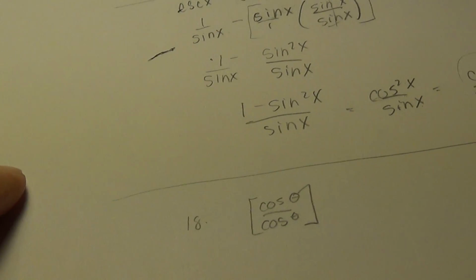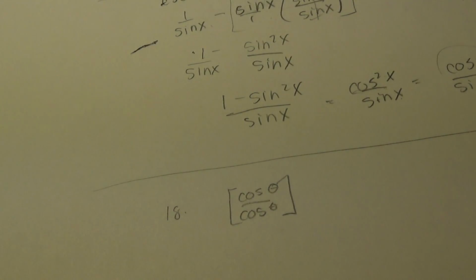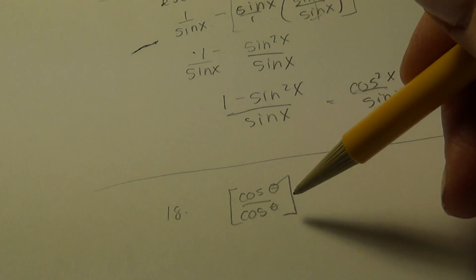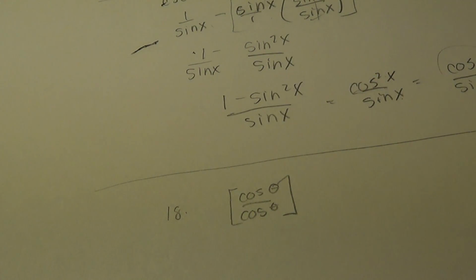So that's just another form of 1, so you're allowed to multiply anything by it. So multiply the first term in number 18 by cosine theta over cosine theta, and see if that doesn't get you to the other side with some other manipulation.